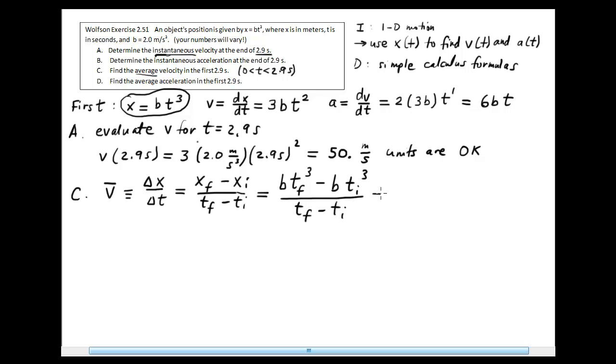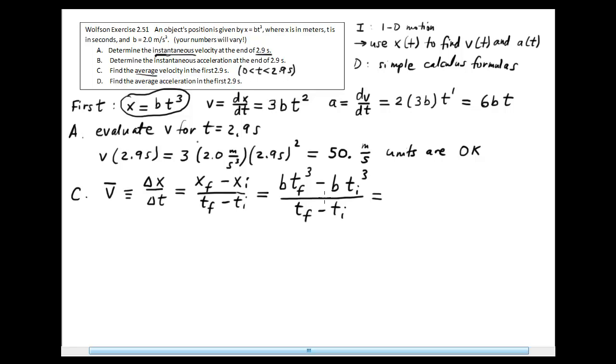Now, having written things out symbolically, I'm ready to plug in the values that I know. T final is going to be 2.9, because we want to find the average velocity in the first 2.9 seconds, which goes from 0 to 2.9. But t initial is 0, because that's the beginning of this range of time.